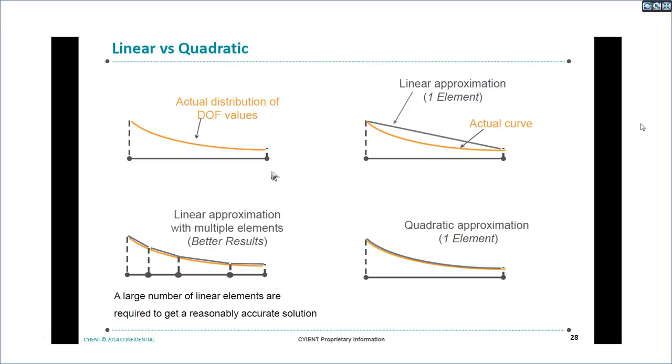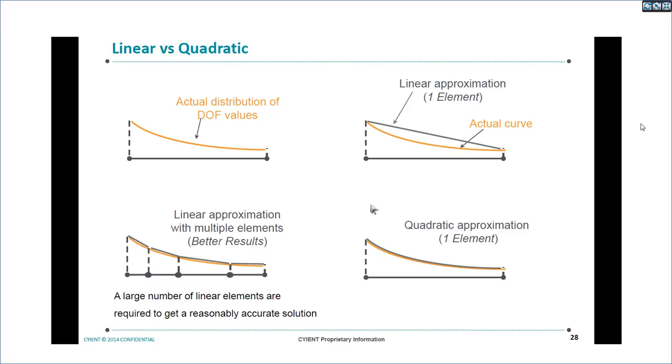So there exists some curvature in the deflection distribution. When you put a linear approximation with one element, the distribution is purely linear, a perfect straight line. Whereas if you put one quadratic element, you perfectly capture the actual distribution of the deflection.